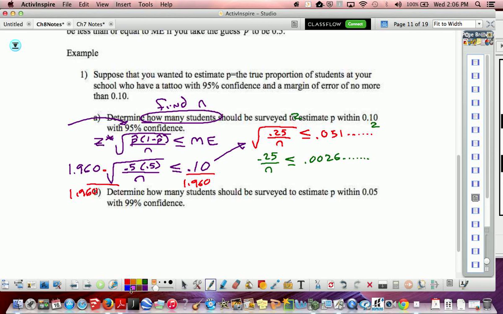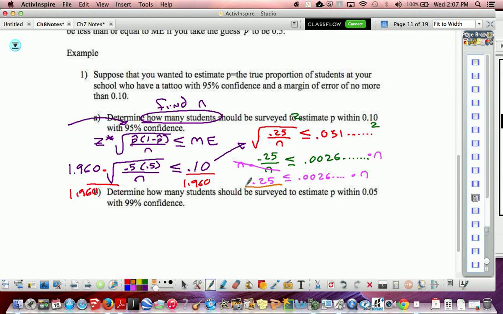So what variable am I solving for? N. Where's n located? In the denominator. So let's get it out of there by multiplying both sides by n. So 0.25 is less than or equal to 0.0026... times n. So if I want n by itself now, what do I need to do?